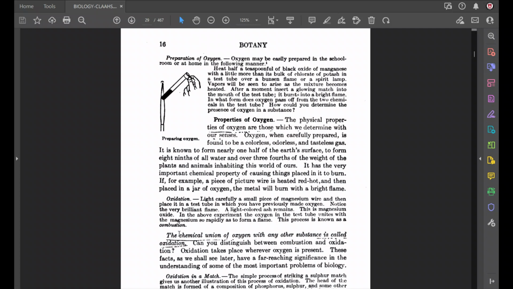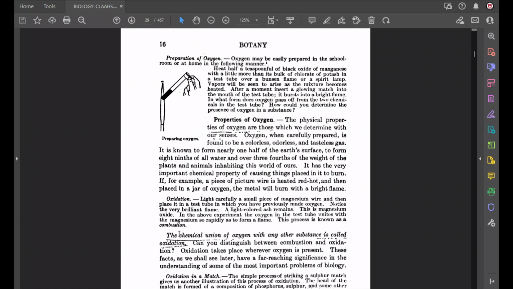But put a heated piece of magnesium wire into a test tube in which oxygen has been prepared, and you will see a very bright flame. A light-colored ash will be left behind. This ash that's left behind is magnesium oxide. In the above experiment, the oxygen in the test tube unites with magnesium so rapidly as to form a flame.